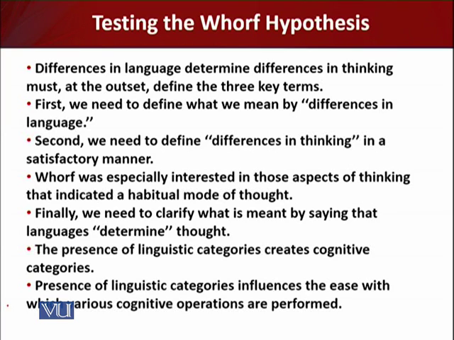In this view, the presence of terms to refer to different objects that move through the air produces the cognitive ability to discriminate between birds and airplanes. Although some of Whorf's comments suggest that he believed in the strong version of linguistic determinism, more recent interpreters of his work have claimed that he did not.